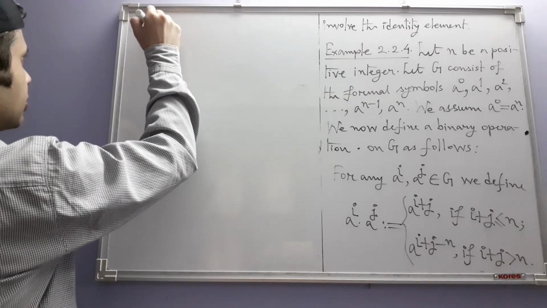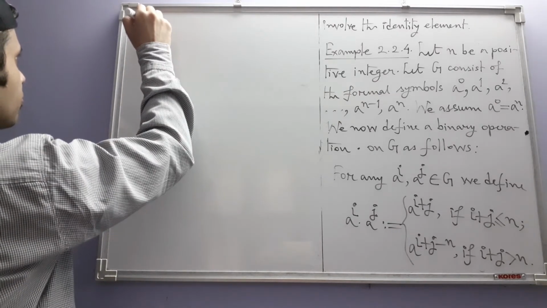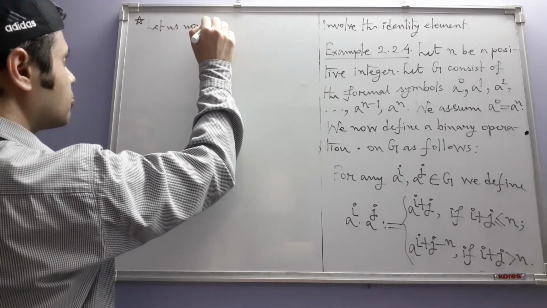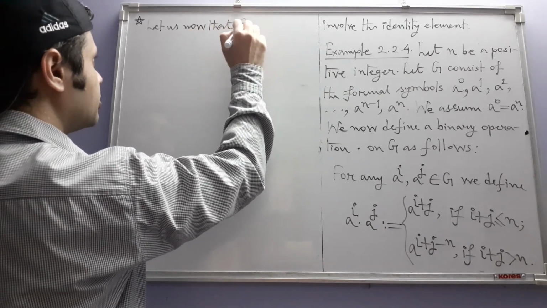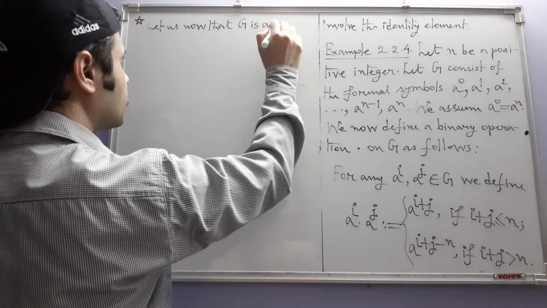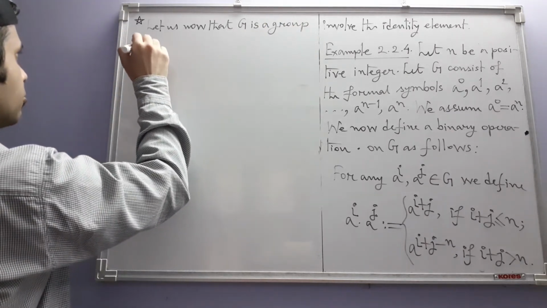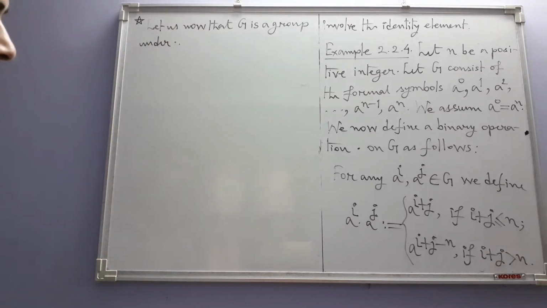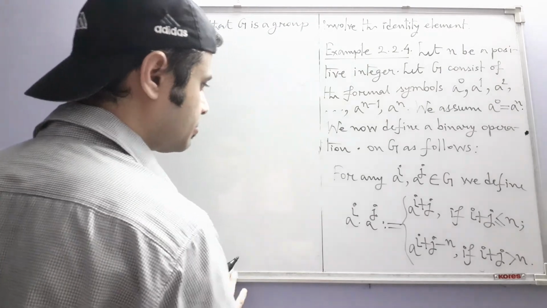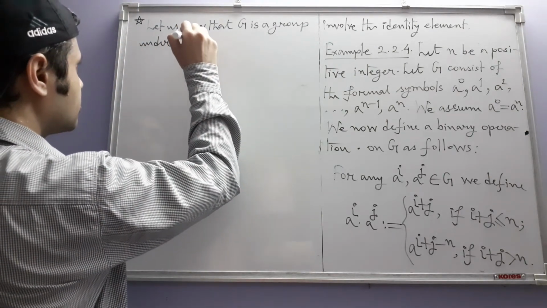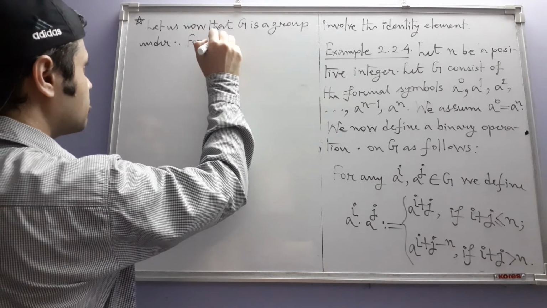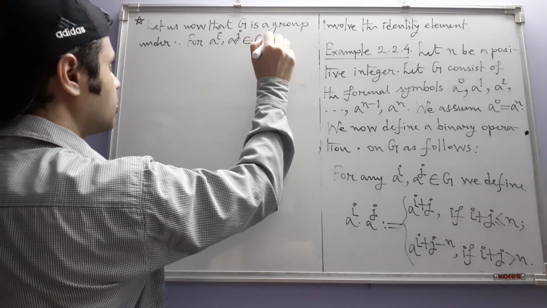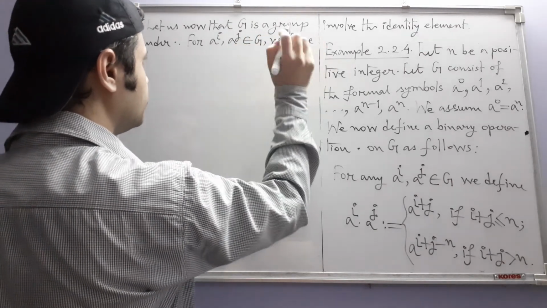Okay, so let us now show that G is a group under this operation dot. For a to the power i and a to the power j in G, we have this.